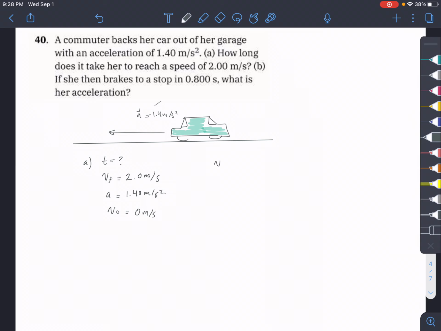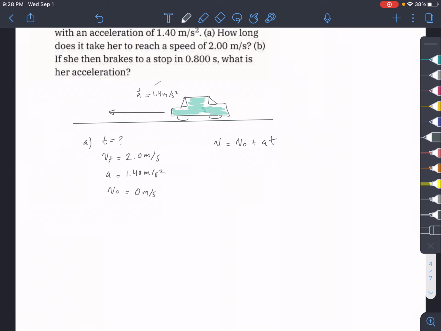We have an initial velocity of 0 meters per second. In this case we're going to use the expression v is equal to v naught plus at, and plug in what we have. So our final velocity, 2.0 meters per second, is equal to 0 meters per second plus 1.40 meters per second squared times time.